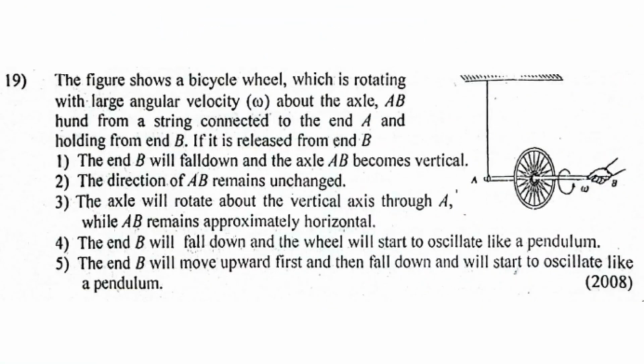Then question number 19. The figure shows a bicycle wheel which is rotating with large angular velocity. We have to remember that there is a large angular velocity. About the axis AB, hung from a string connected to end A, held from end B. If it is released from end B, then we have to consider the movement after releasing.